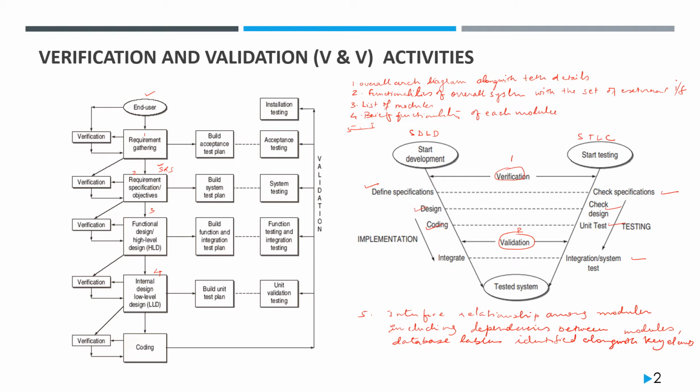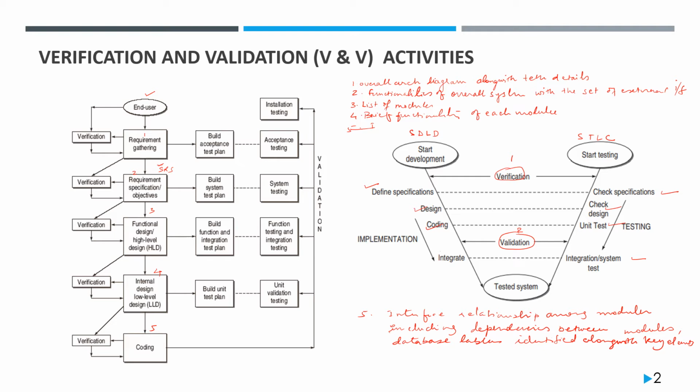Now come to the fifth one, coding. If an LLD, or low level design document, is prepared for every module, then it is easy to code the module. Thus, in this phase, using the design document for a module, its coding is done. After understanding all SDLC phases, we need to put together all verification activities.